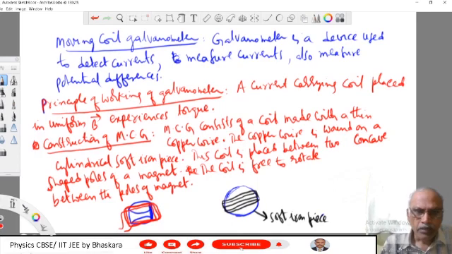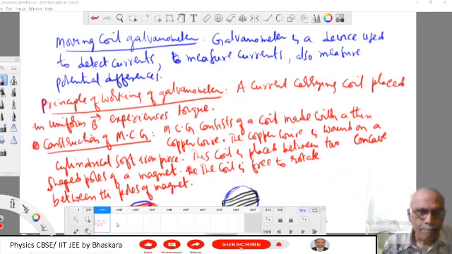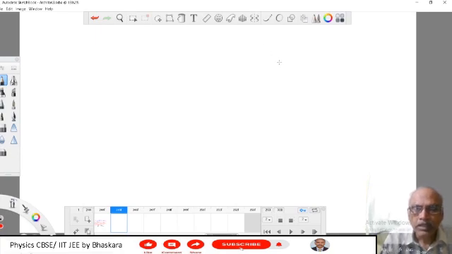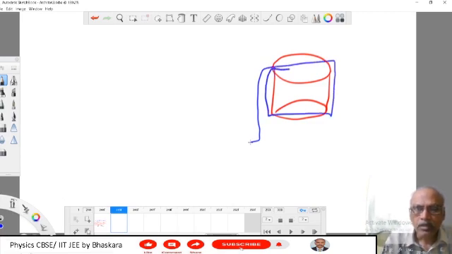If you see from the top, this is a cylindrical piece, and on this the coil is wound. This is one turning, another turning, another turning.